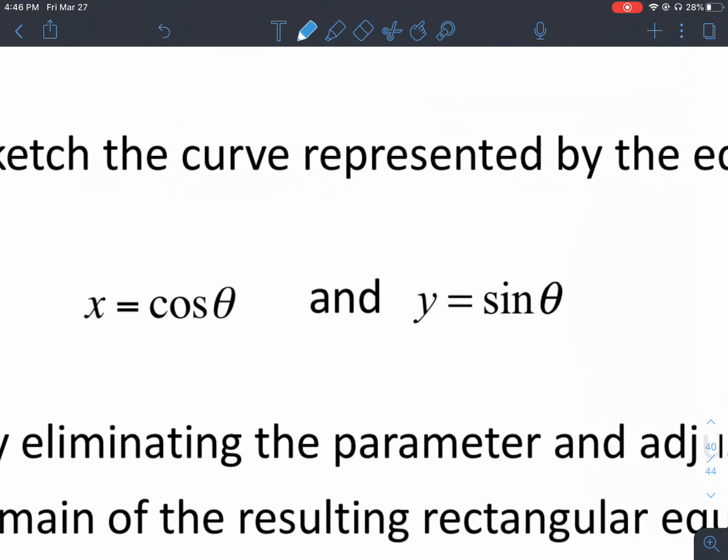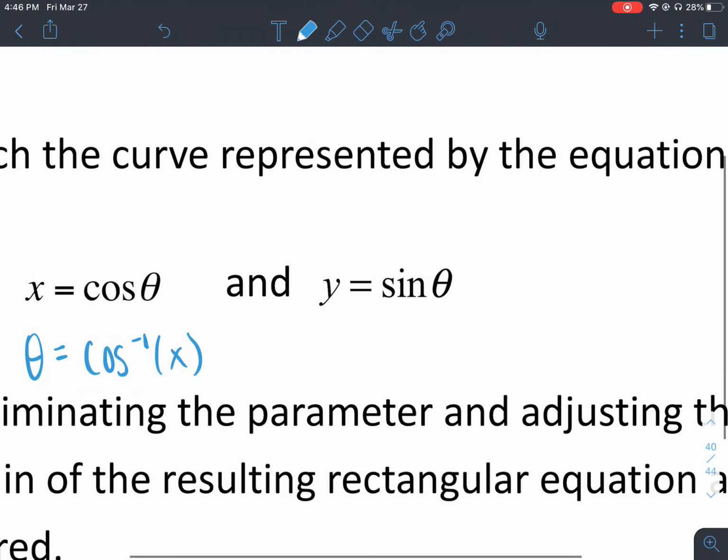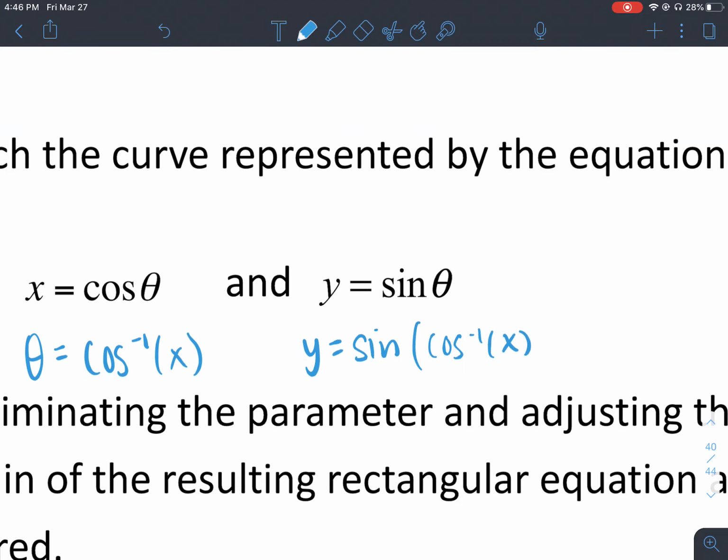You can try to do that. If I try to do that here, I get theta equals cosine inverse of x. Then I have to deal with the restrictions on cosine inverse. But then I go over here and I get y equals sine of cosine inverse of x, and that does not look very pretty at all.